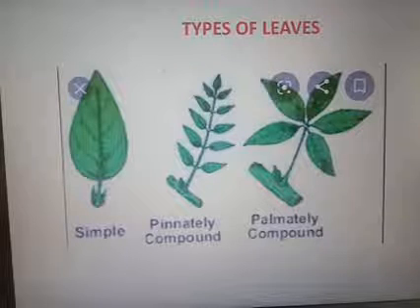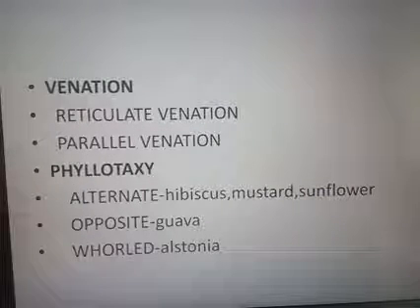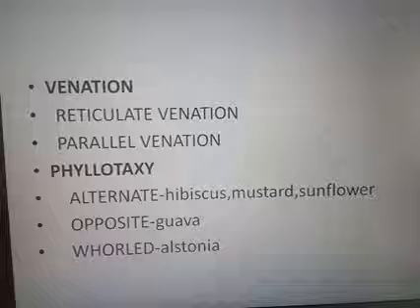Next we are discussing venation. Already we discussed what venation is. Venation is of two types, reticulate venation and parallel venation. In dicot plants we see reticulate venation, and in monocot plants we see parallel venation. Next we are discussing another topic, that is phyllotaxy.